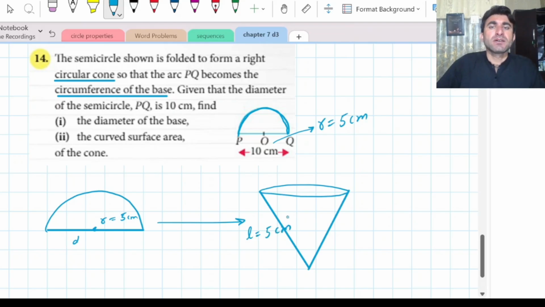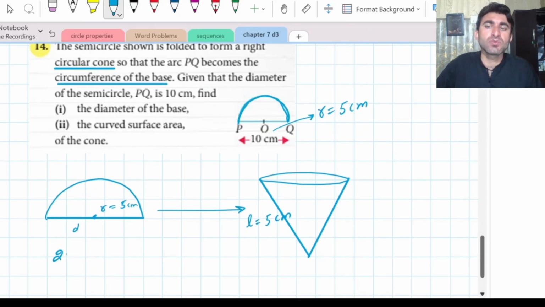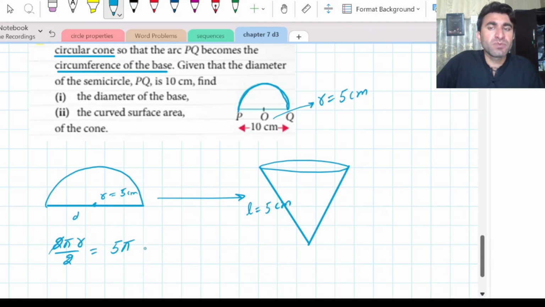Now it was given that PQ becomes the circumference of the base, and PQ is a semicircular arc. We know the circumference of a circle is 2 pi r, but for the semicircle it will be divided by 2, so r was 5, and I can say that the PQ arc is 5 pi, and this 5 pi equals the circumference of the base.